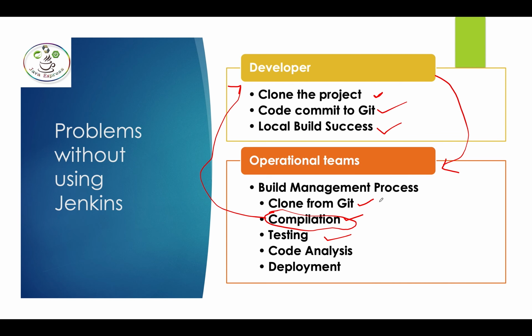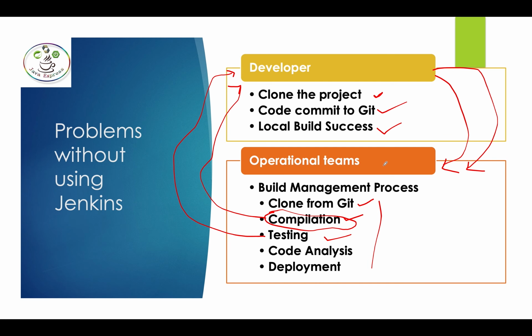Then the same actions will be performed again. First, clone from the git repository, and then do the compilation. Now the testing phase. If some test cases fail, again they will send it back to the developer, right? Then these three actions they will do, and again the same process starts.